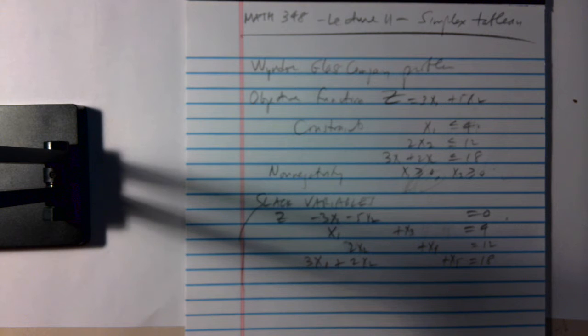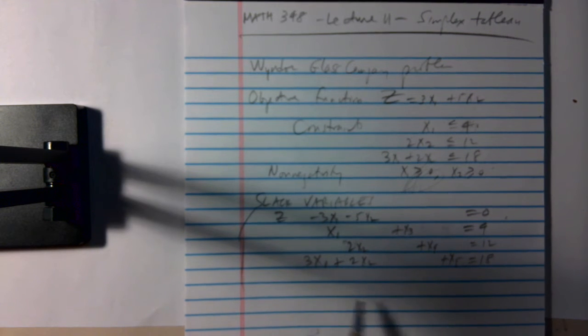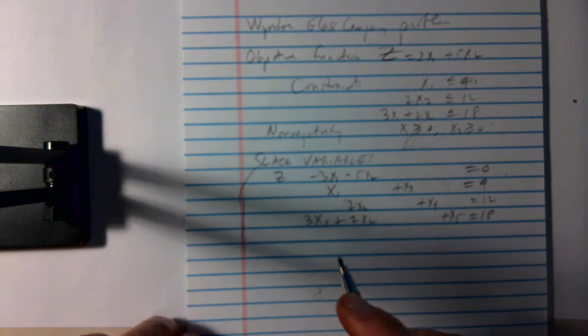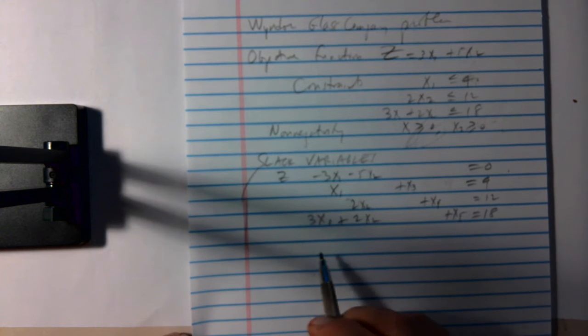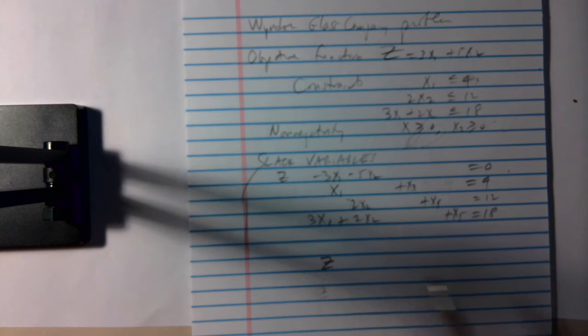So we're going to have columns for z, x1, x2, x3, x4, x5, and the right-hand side.